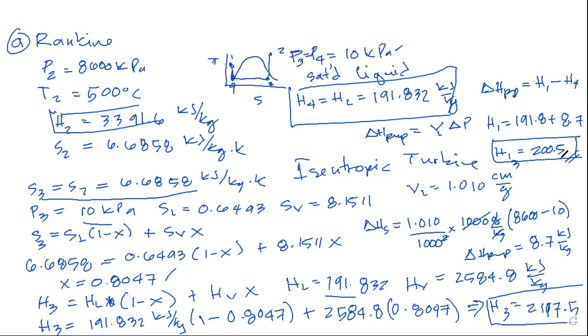Now we combine H1, H2, H3, H4 to find the efficiency. Okay, so let's calculate the efficiency. So the efficiency of, still on letter A, the Rankine cycle, is Ws divided by Q boiler.